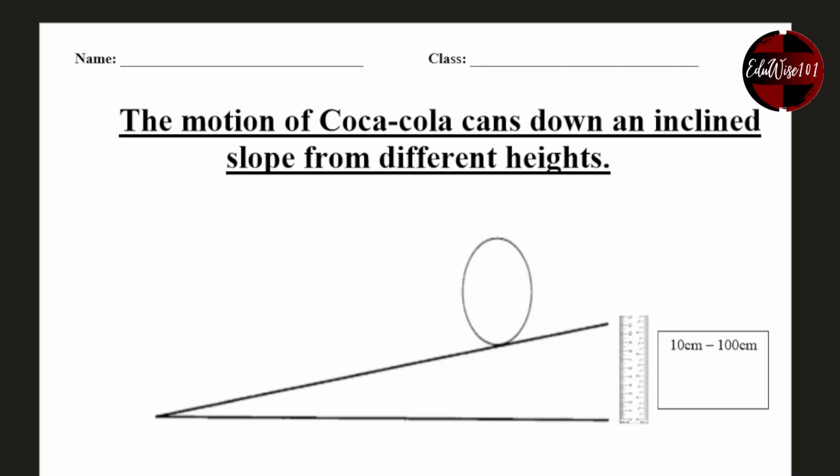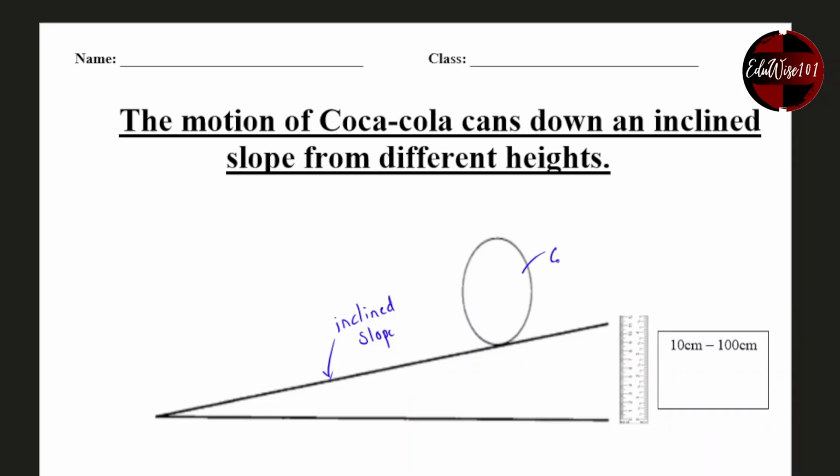Okay, so the work that was given to you is to look at the motion of a Coca-Cola can down an inclined slope from different heights. So in the image that is given, you've got the inclined slope here, which is basically this. That's the inclined slope.